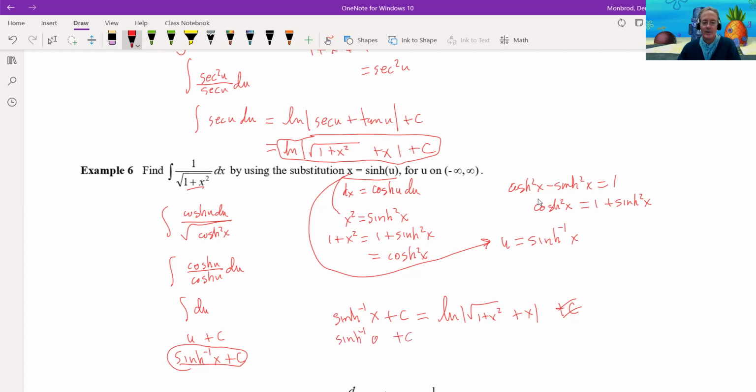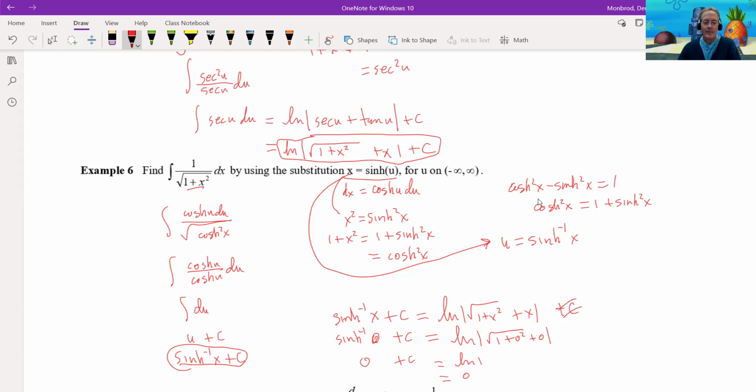I'll put a 0 in here, evaluate this for 0. And this side, I'll evaluate it also at 0. 1 plus 0 plus a 0. So this right-hand side is just the natural log of 1, which we know is a 0. And this side over here, we know this is 0.